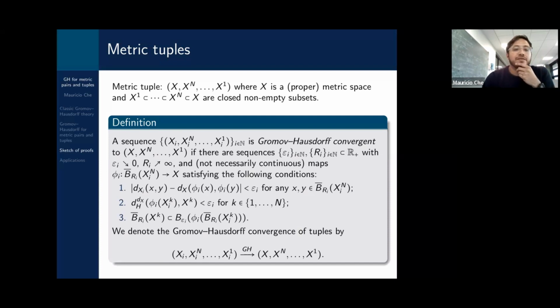Now, we say that a sequence of tuples converges to a tuple in the Gromov sense if we have epsilon isometries in the tuple sense, which means that they almost preserve the distance, they are almost surjective, and each one of the elements on the tuples in the sequence are mapped to sets that are very close to the distinguished set in the limit tuple. That's just a natural extension of the definition.